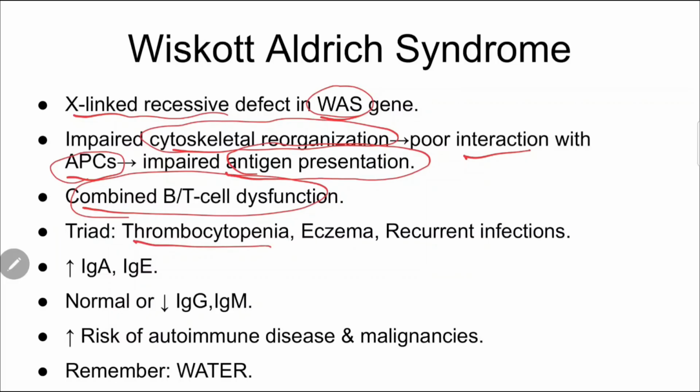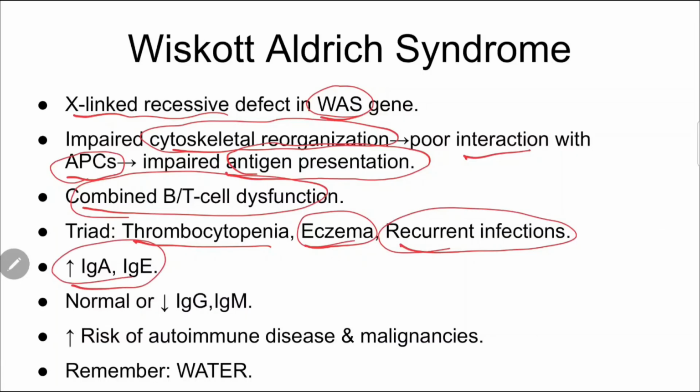So you will see things like petechiae or maybe some ecchymosis on the skin, and eczema and recurrent infections. Plus, in this particular disorder, you will have increased IgA and IgE levels, and your IgG or IgM will be either decreased or normal.